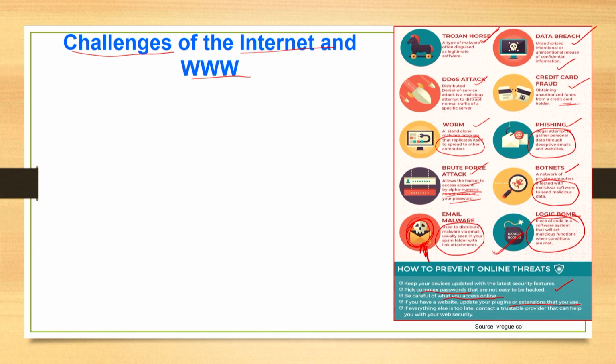Do not open all emails. If you download an attachment, scan it first and then download it, and keep your device updated with the latest security features. In this way you can prevent these online threats.